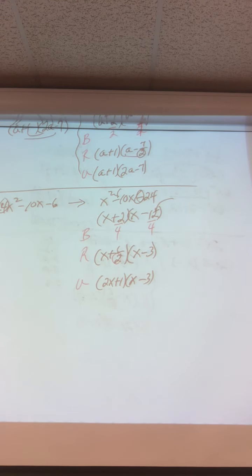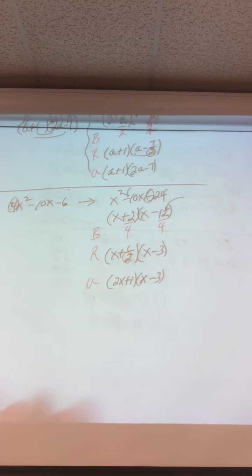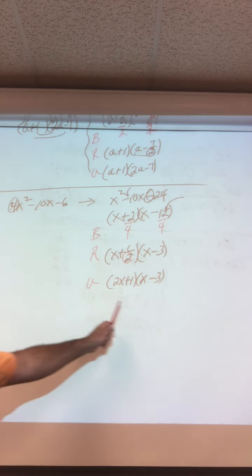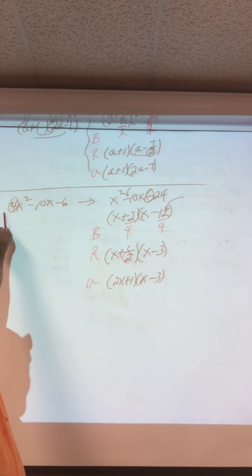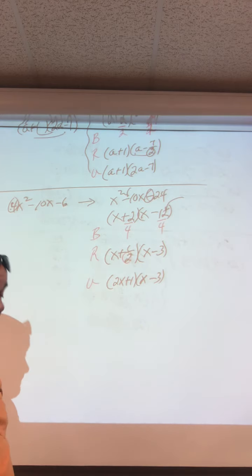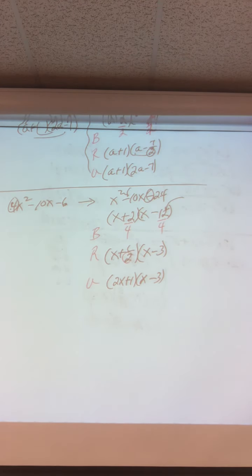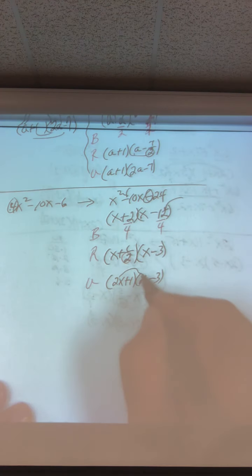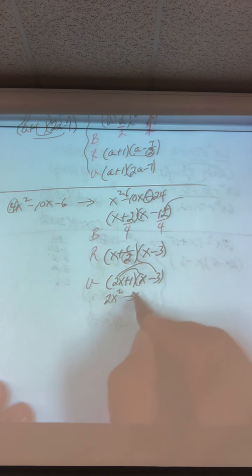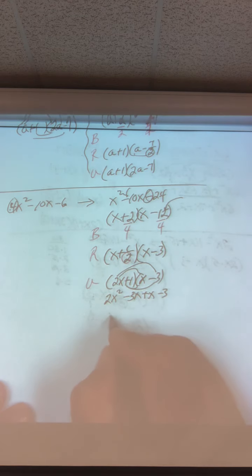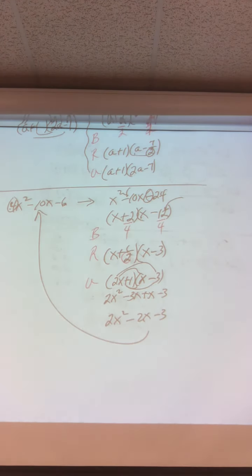Now this is what I want to show you. If this is the right answer, and by the way, I didn't make a mistake going through here. I mean, I did the Brew method properly. But watch what happens if I check this answer. 2x squared minus 3x plus x minus 3, which is 2x squared minus 2x minus 3.